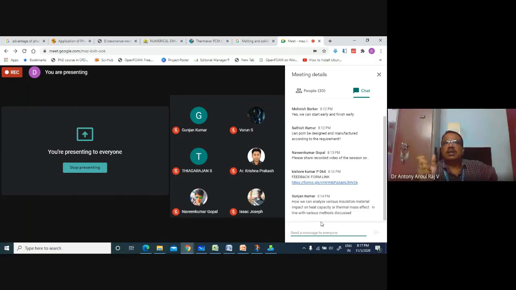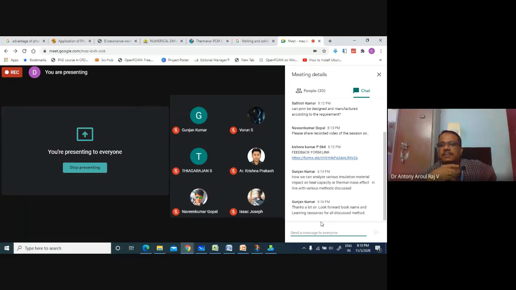That means just apply those transfer functions, and automatically that will give you the correct results. It will give you the lag hour and the reduction in amplitude. So both the things it will give you. Okay. So I hope I have explained.